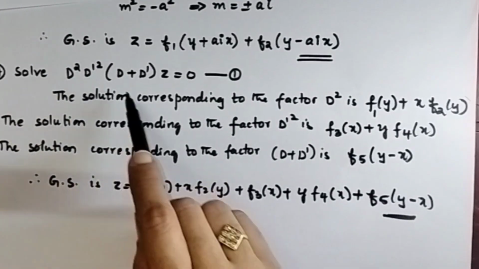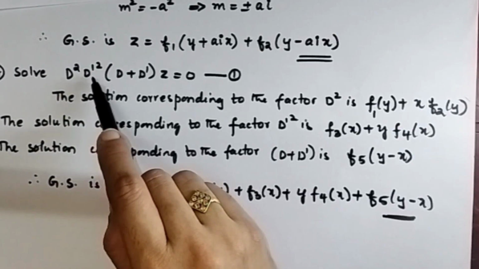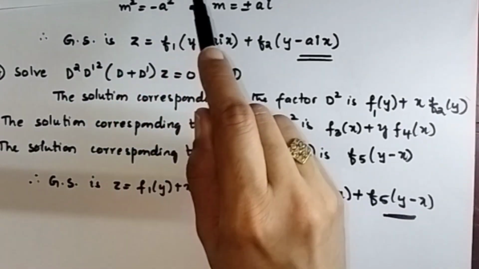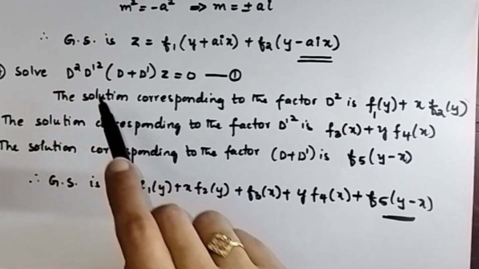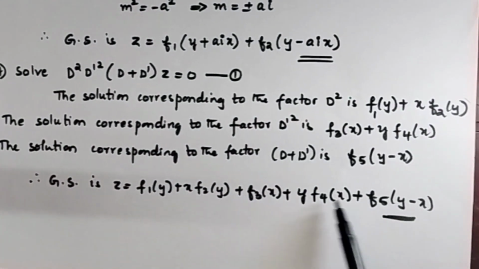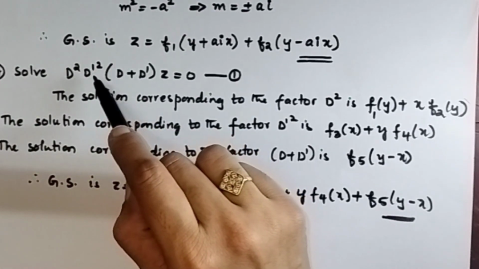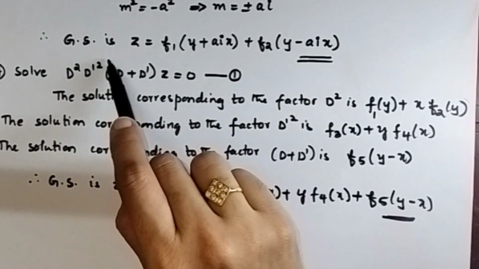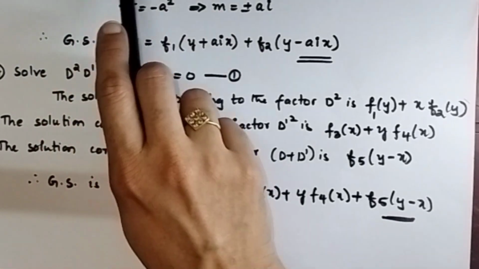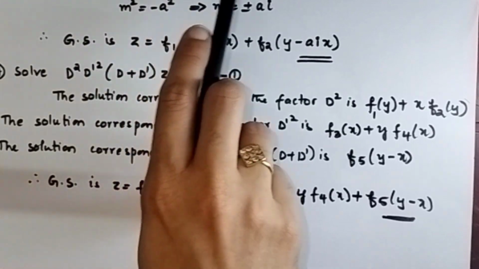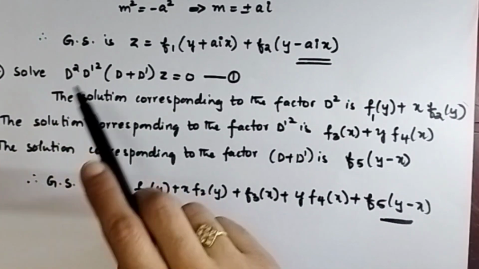Therefore, you have to find out the solution corresponding to D², then corresponding to D'². Don't go with the auxiliary equation method here, because it just gives you this part of the solution, and the complementary function corresponding to D' will be lost if you go with the auxiliary equation method, because we are replacing D' by 1, hence D' vanishes.